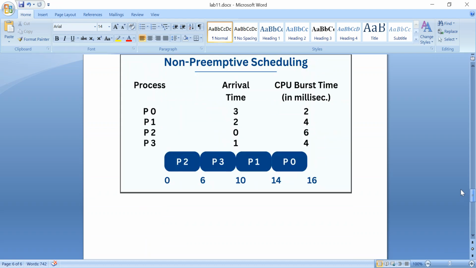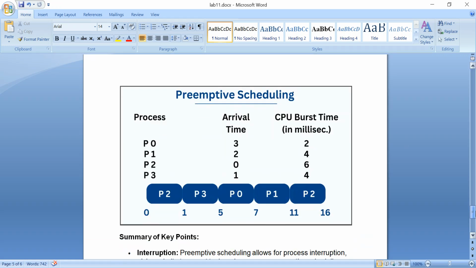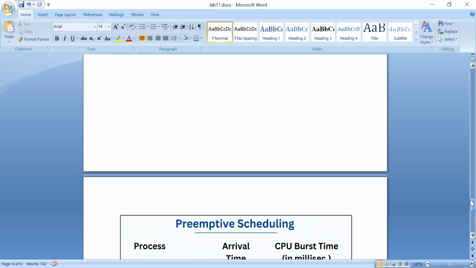If we have more processes and we know the CPU time, meaning how much time each will take to complete its task, we can predict the turnaround time for the process as well. But here we cannot predict it, because a high priority task can come at any time.